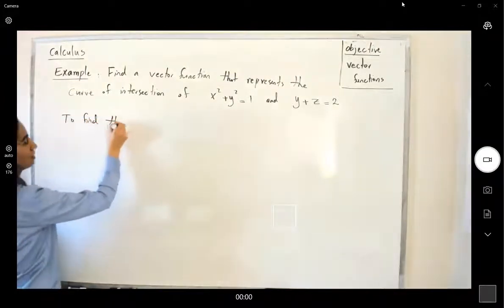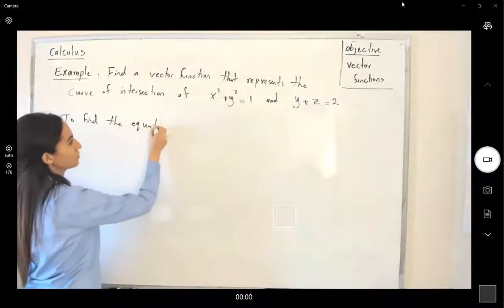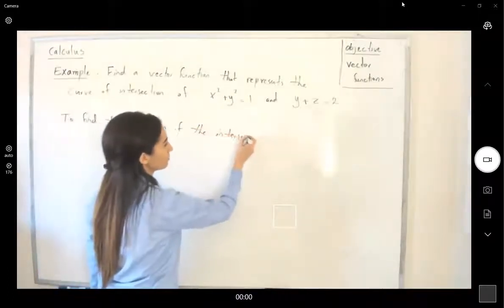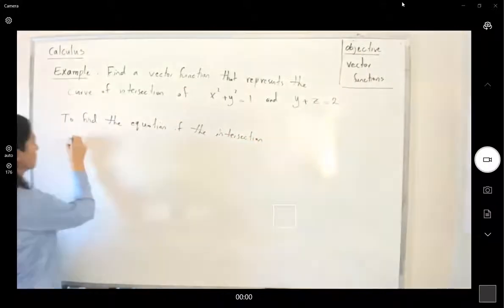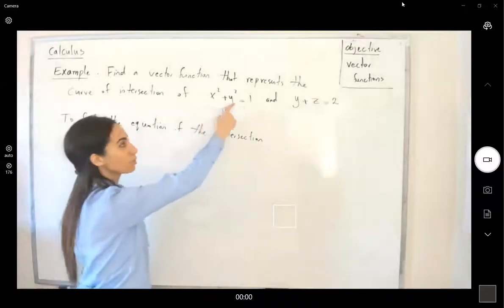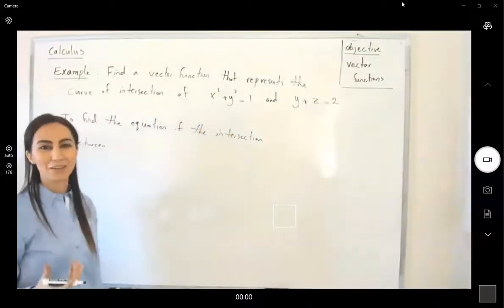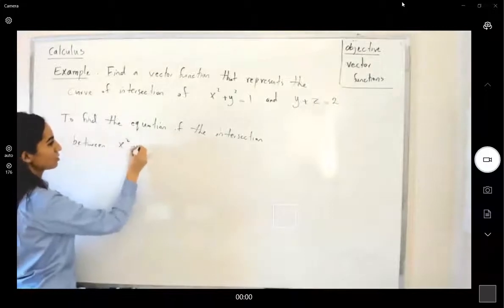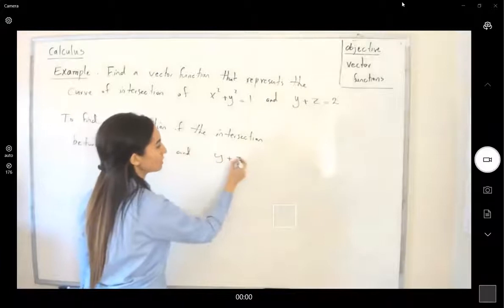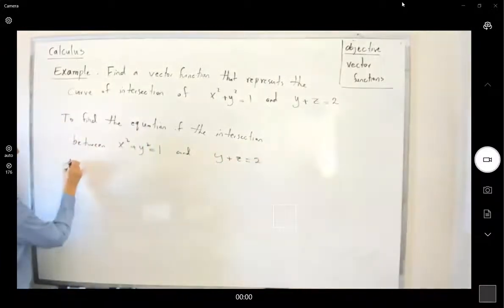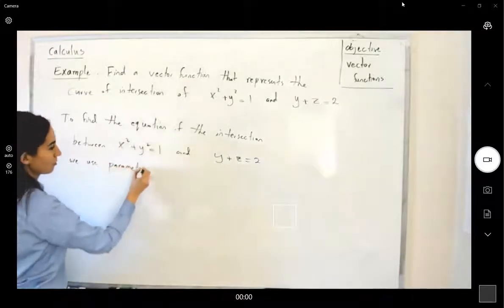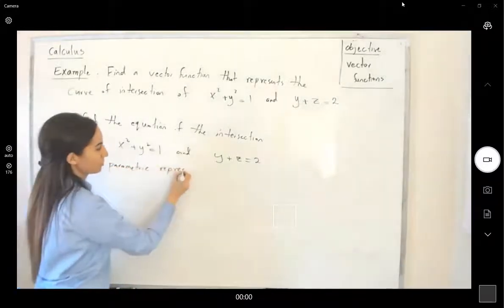To find the equation of the intersection between the cylinder, again, x squared plus y squared equals 1 is a cylinder in the space, and the plane y plus z equals 2, we use parametric representations.